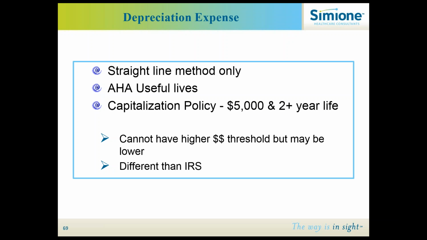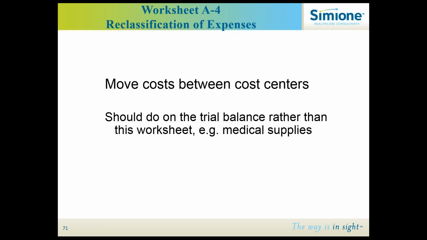Again, certain Medicaid, state, and certain programs have different requirements for that. And that's the definition. Reclasses just move costs between cost centers. For example, if you put all your medical supplies within administrative and general other expenses and you need to move some to the non-routine supply line, you would do it by reclassification.